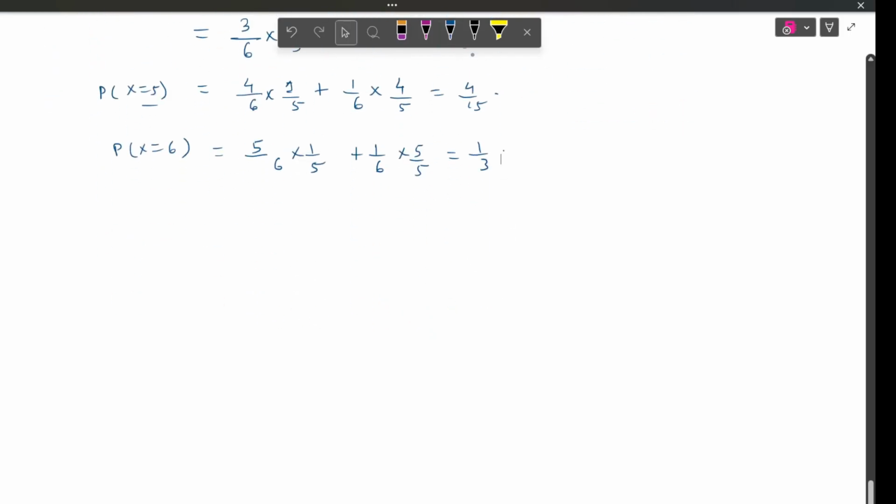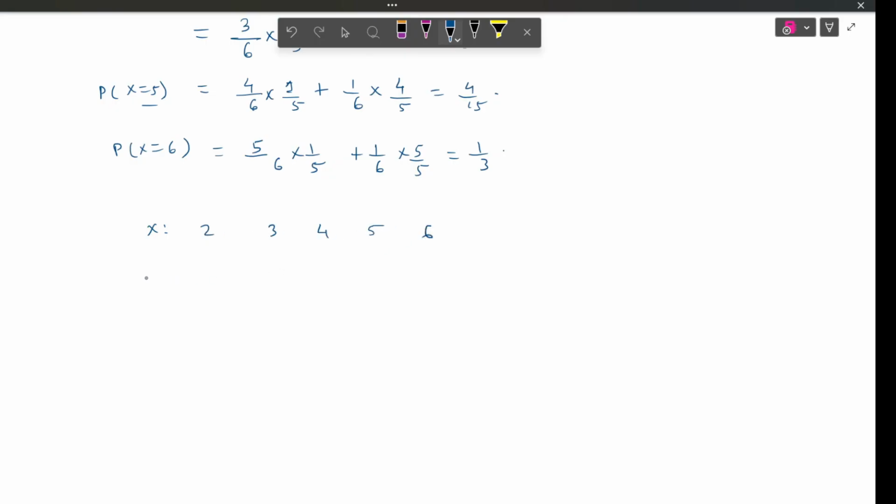So what would be our probability distribution? It would be x: 2, 3, 4, 5, 6, and probability of x: 1 by 15, 2 by 15, 1 by 5, 4 by 15, and 1 by 3. We have to find the expectation of x, that is the sum of p_i x_i.